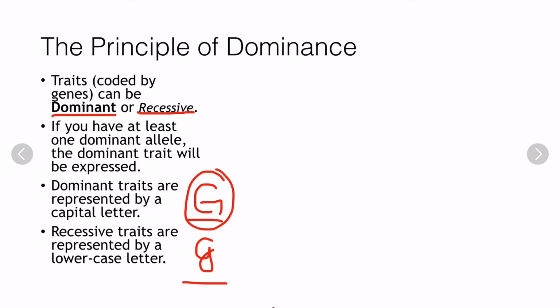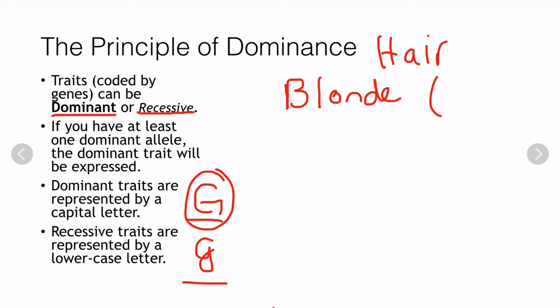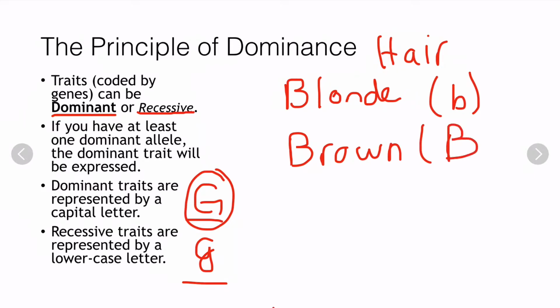So say we're talking about hair color. Let's say that blonde hair is recessive, so it's going to be represented by a little b. And brown hair is dominant, so it will be represented by a big B. Remember, we have two alleles for each gene because we get one from each parent.